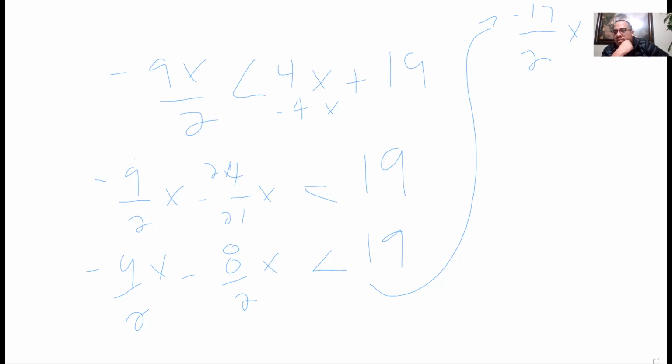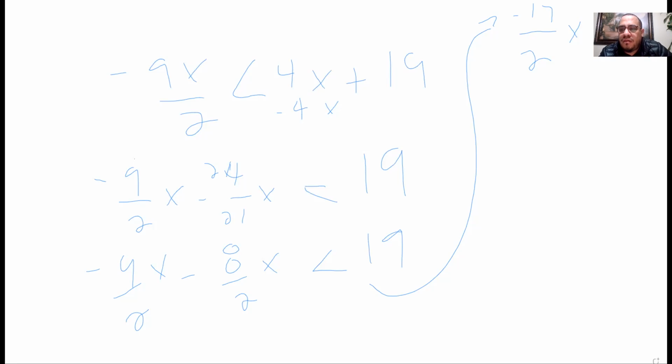To isolate the x, right? To isolate the x, we have to multiply by the reciprocal and bring it over to the right side. The reciprocal of -17 over 2 is 2 over -17.